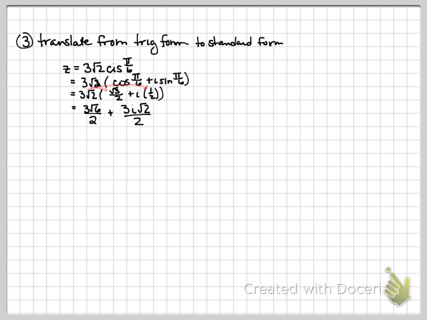So I'd like you to do example 4 on your own. Example 4 says we're going to translate z equal to 7 CIS 5 pi over 3 to standard form.